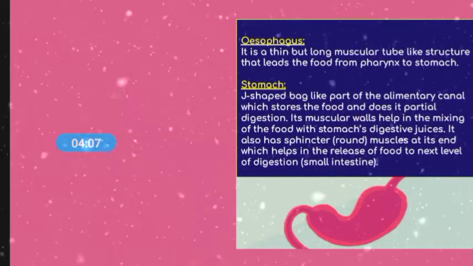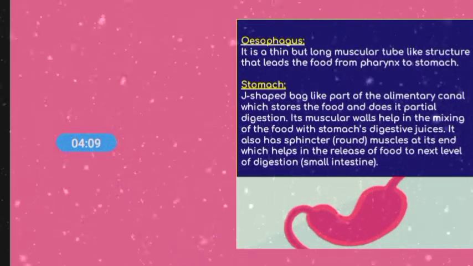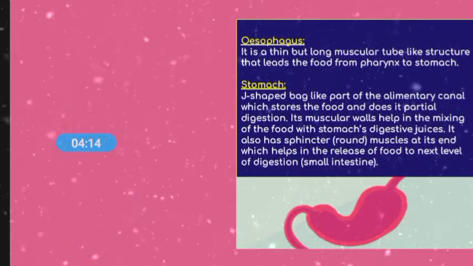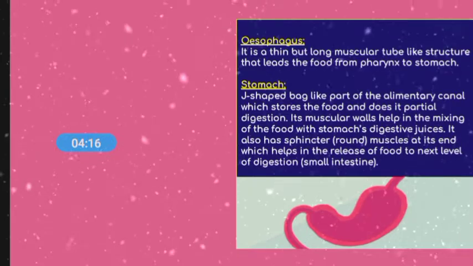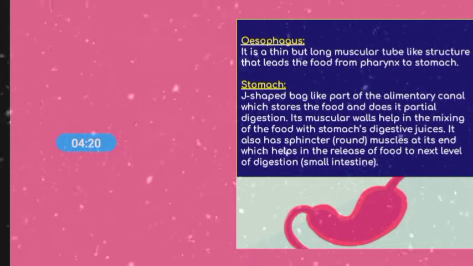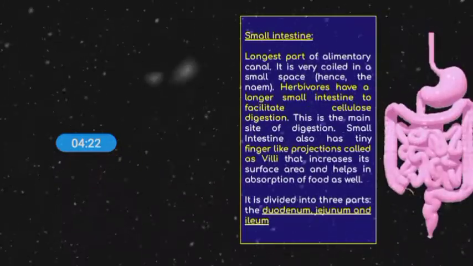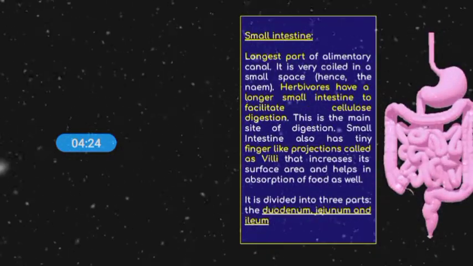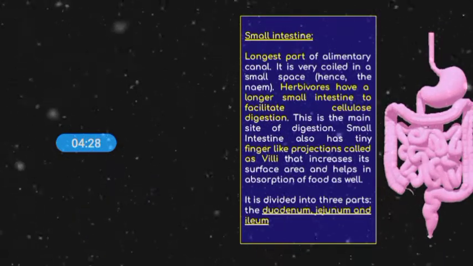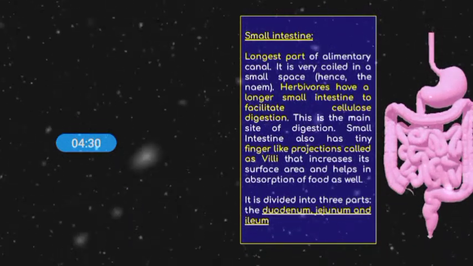Stomach is a J-shaped bag-like part of the alimentary canal which stores the food and does its partial digestion. Its muscular walls help in the mixing of food and stomach's digestive juices. It also has a round muscle at its end which helps in the release of food to the next level of digestion. Small intestine. It is the longest part in our body.